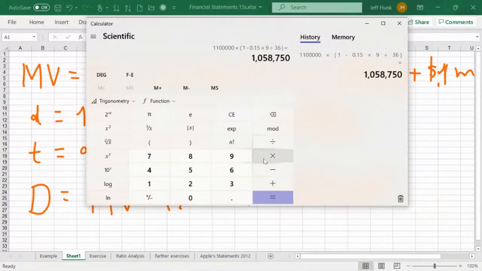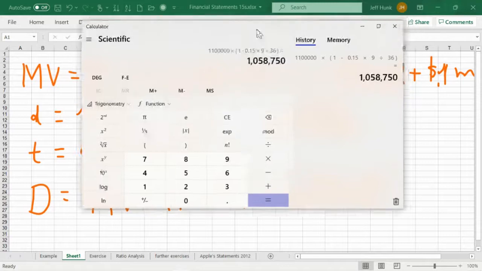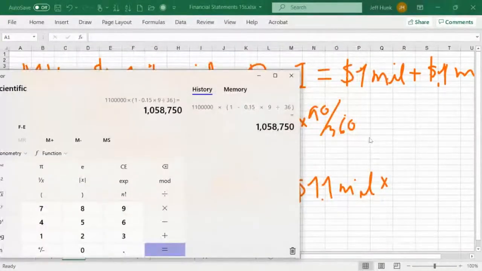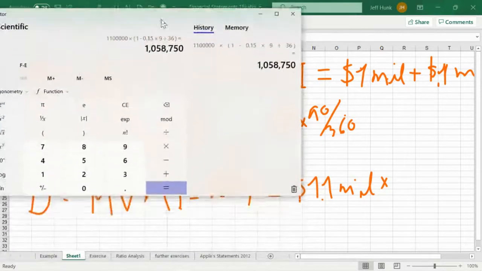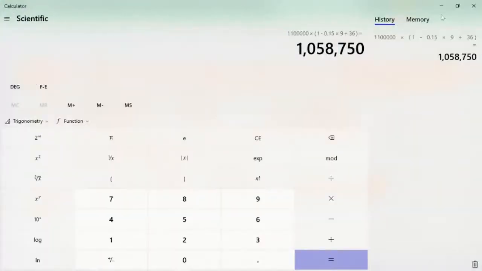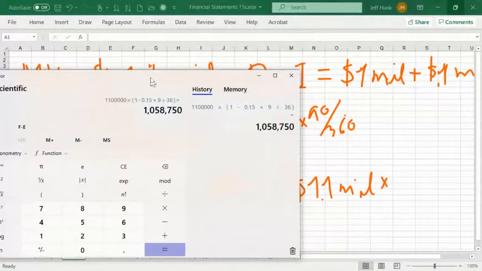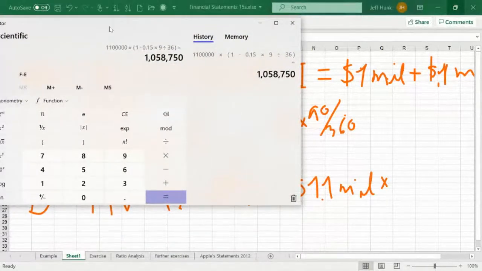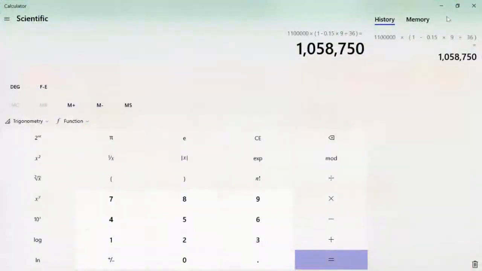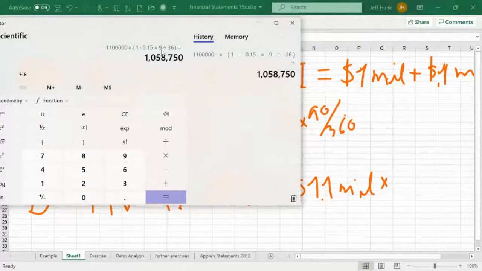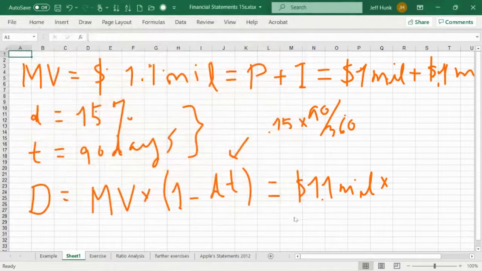There you go. The whole thing comes to 1,058,750.